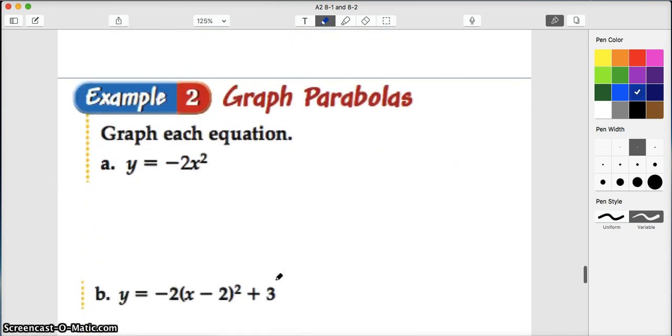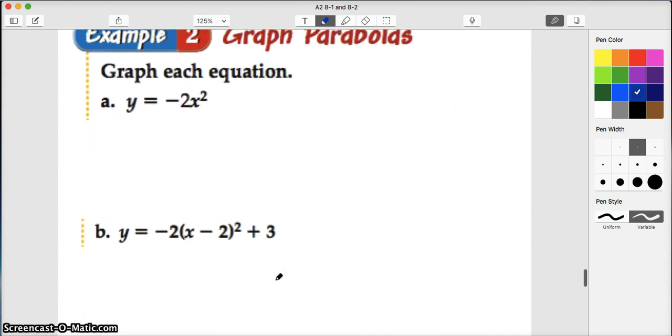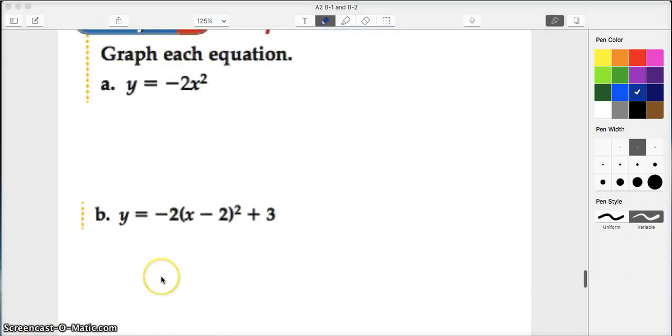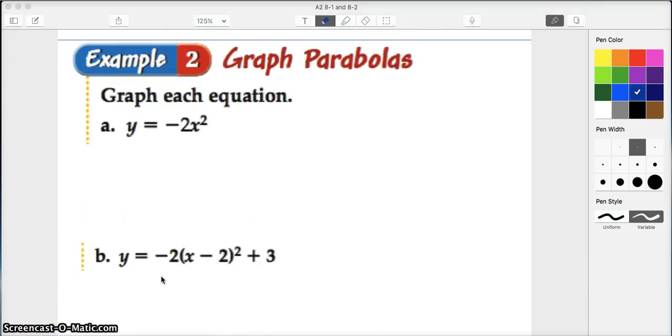All right, so graphing parabolas. As we look at this new way of looking at a parabola, we can consider the vertex form and all of that stuff by looking at our parabola through that lens. So remember vertex form, or I'm sorry, standard form they call it, a times x minus h quantity squared plus k.